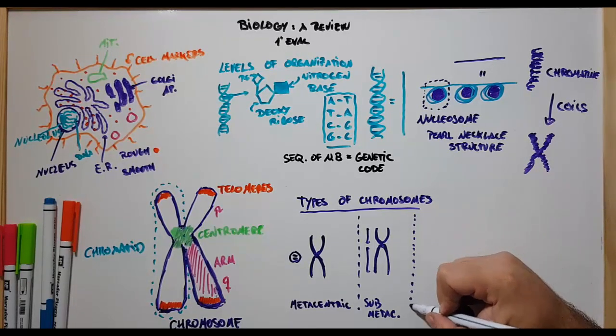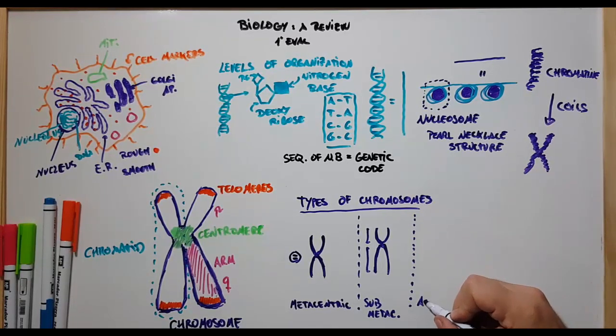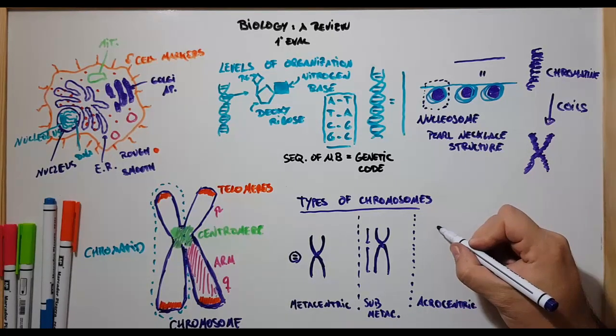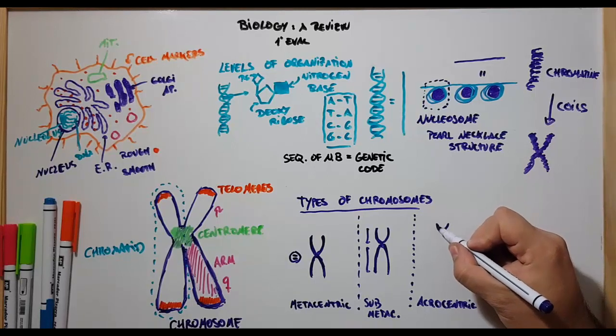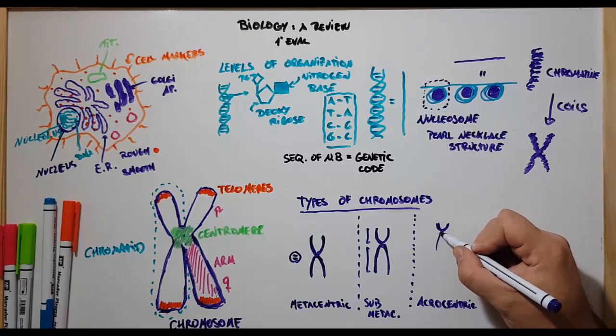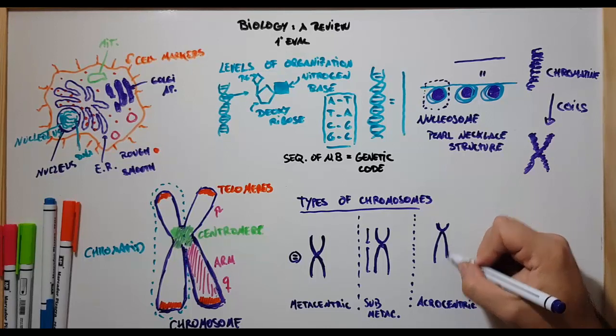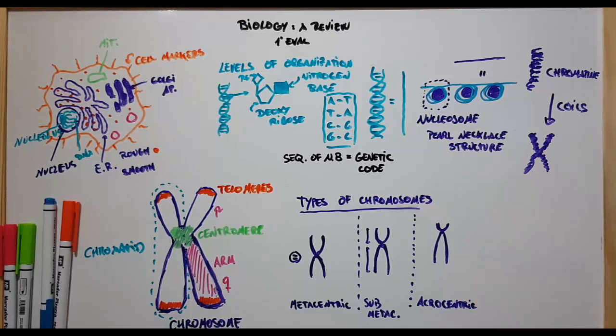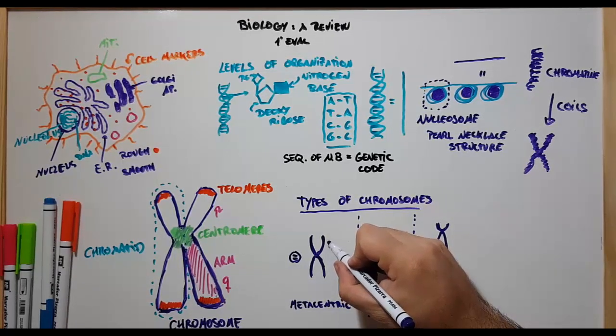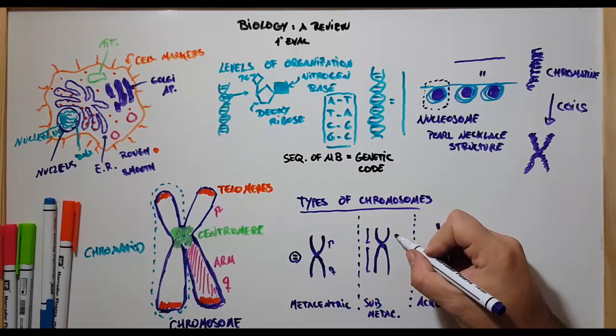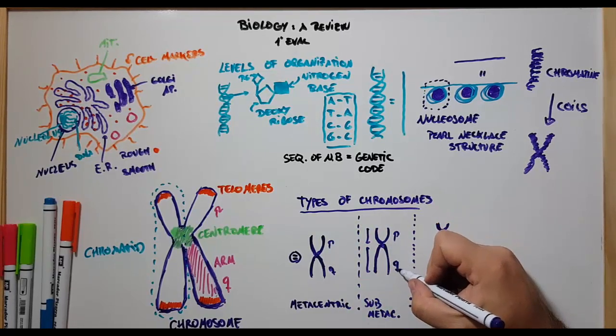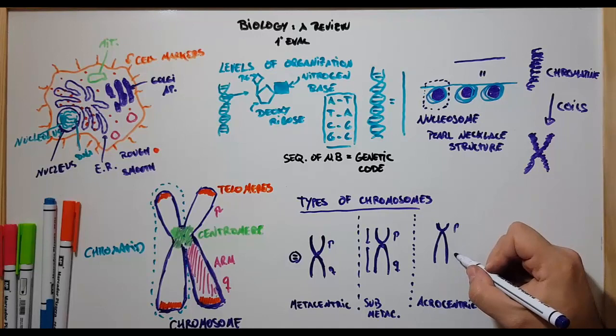Then we're going to have the acrocentric chromosome that is going to have super little upper arms, like this. So the P arm and the Q arm, the P is going to be always the shortest one.